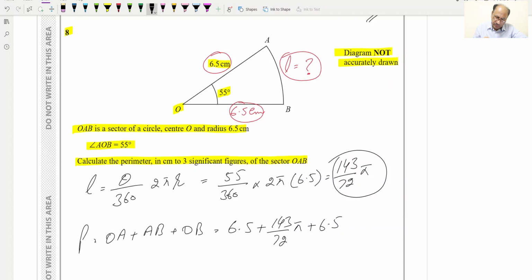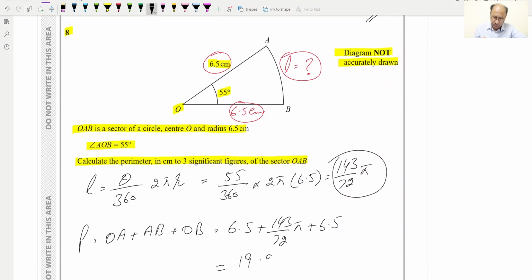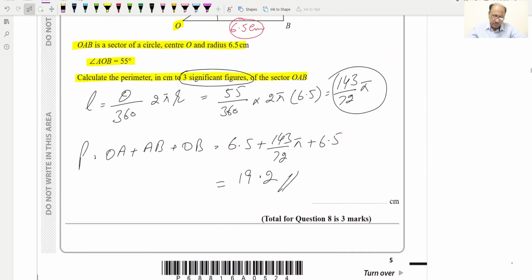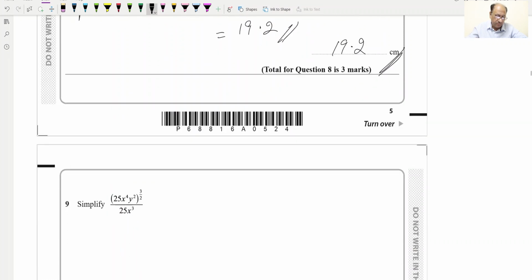This will be resulting to 19.23955. So up to three significant figures it will be 19.2. This will be our answer up to three significant figures. Always check what is mentioned in the question. They have required three significant figures, so you have to provide the answer in three significant figures.